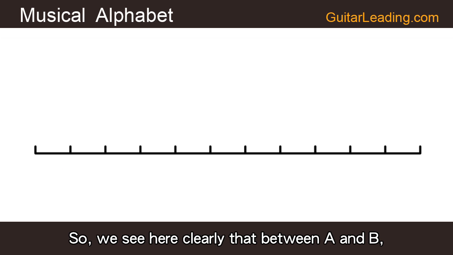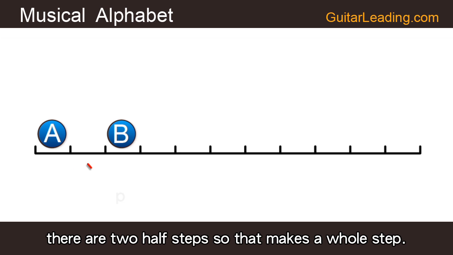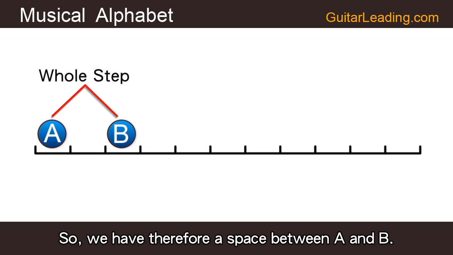So we see here clearly that between A and B there are 2 half steps, so that makes a whole step.